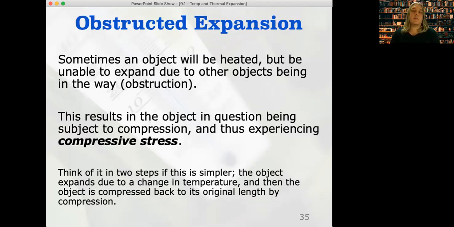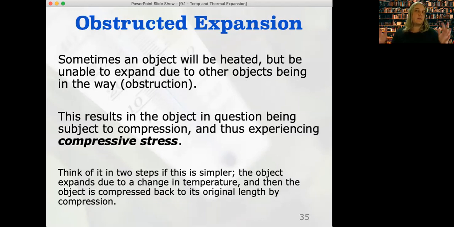The next thing to think about is tying it back to something we talked about. We talked about stress of an object due to a change in length. If you compress something, then you're putting it under stress, and we need to know that objects can withstand that stress. And if you've got an object that is heated, it's trying to expand. But if you've got an object that's heated and tries to expand but can't because it's part of a building or some other structure, then that means that it's trying to now be longer than it is.